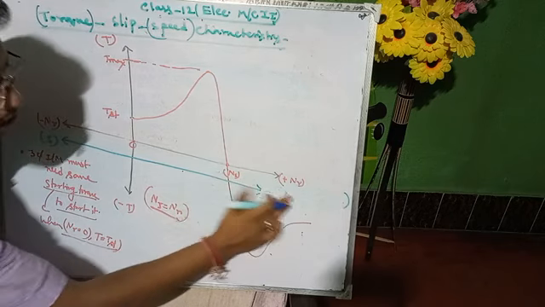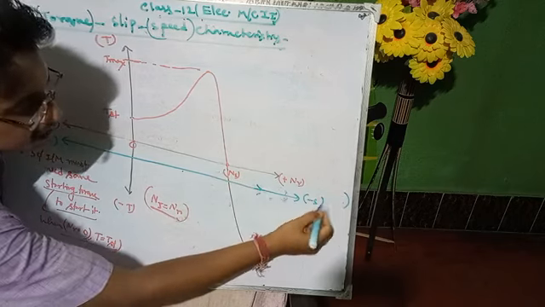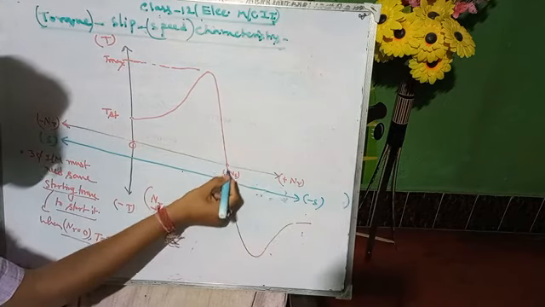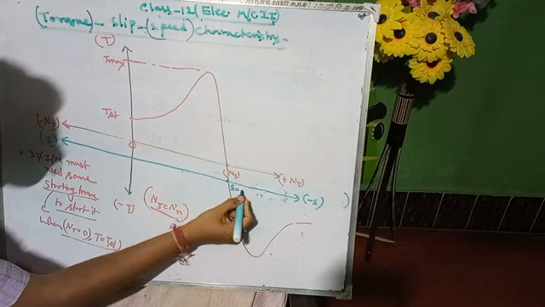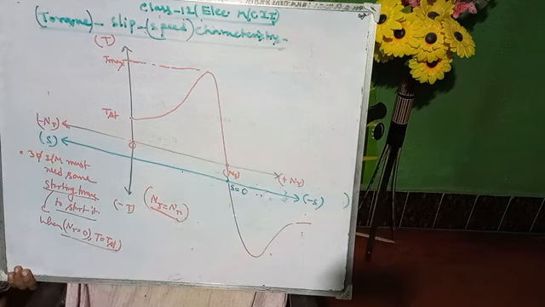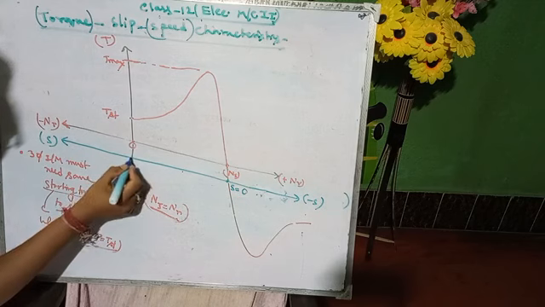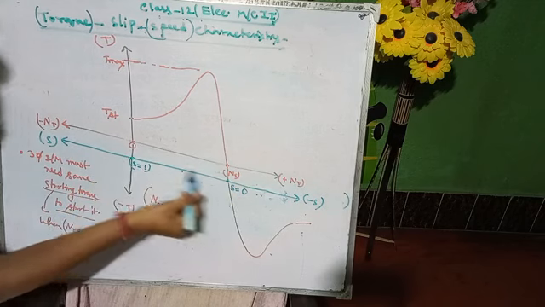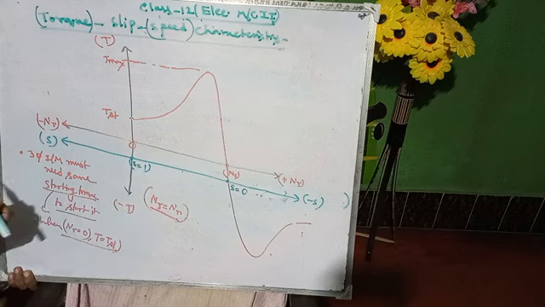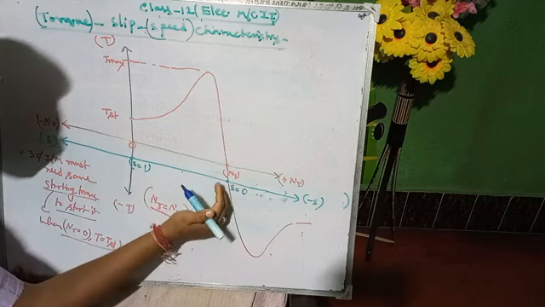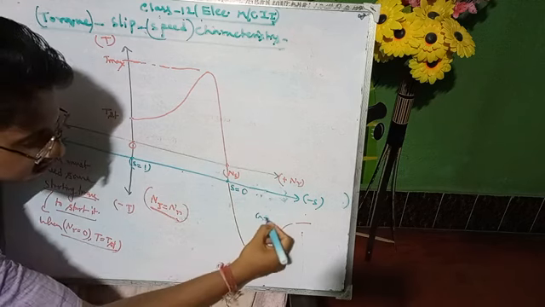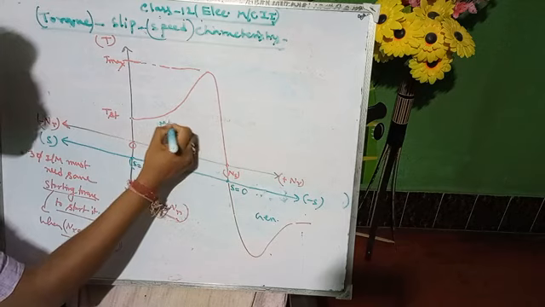When ns equals nr, slip equals 0, and when nr equals 0, slip equals 1. So between 0 and 1 is the motoring region, and when slip is less than 0, it will act as a generator. This region acts as generator, this region acts as motor.